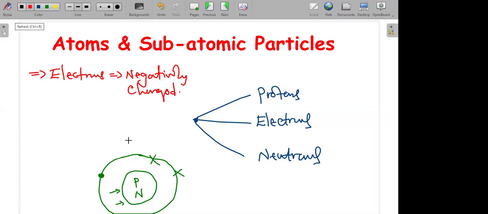That's the main job of the electrons. They are responsible for the chemical behavior of the atom. Why? Because they are found in the shells, so it's very easy for those particles to react with the particles in another atom.